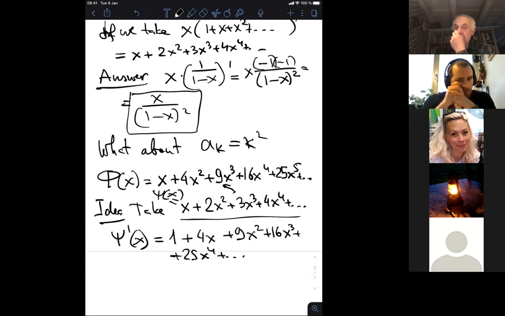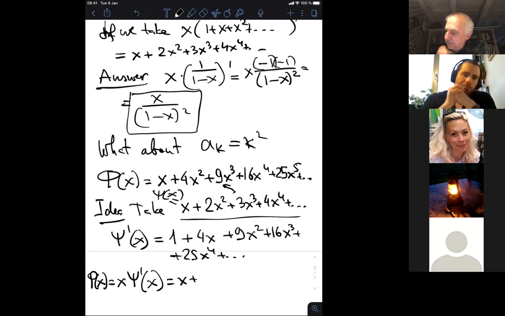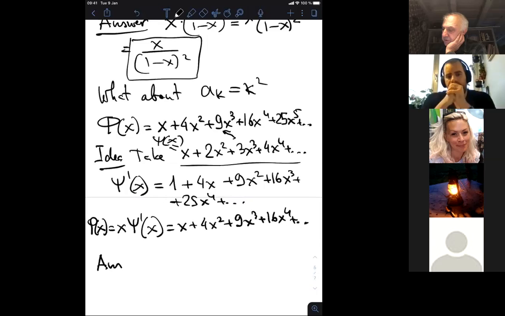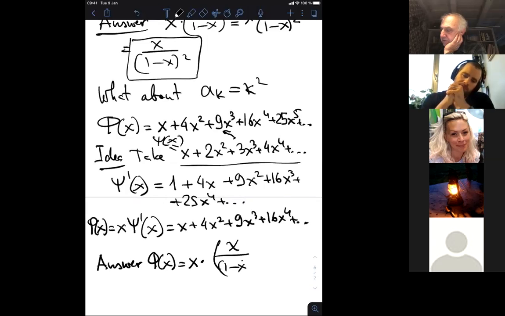Again, if we multiply x by psi prime of x, we get exactly the phi which we wanted: x plus 4x squared plus 9x cubed plus 16x to the fourth, and so on. So the phi which we want is x times the derivative of our previous answer, x divided by (1 minus x) squared, and we have to take the derivative.